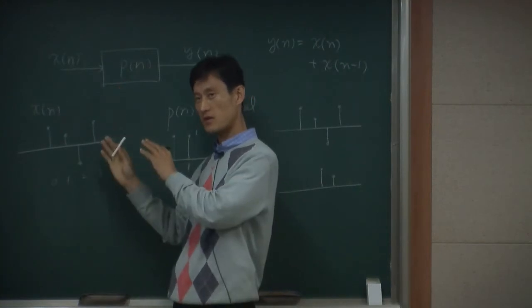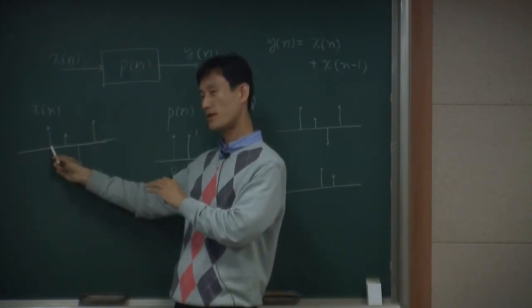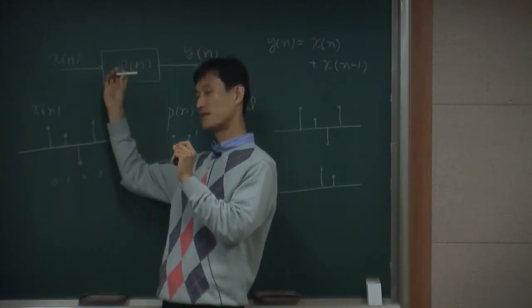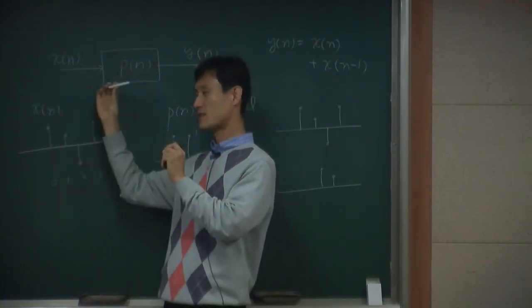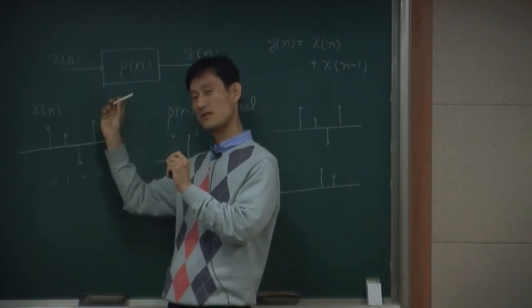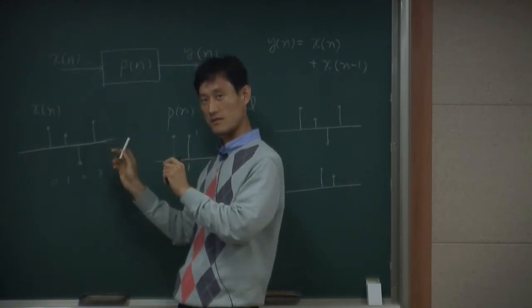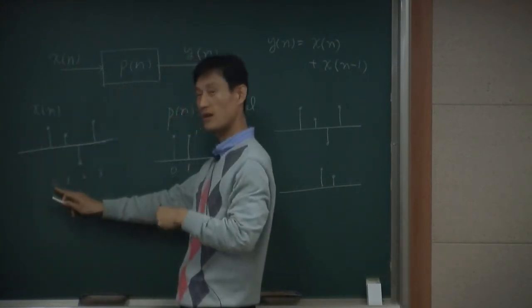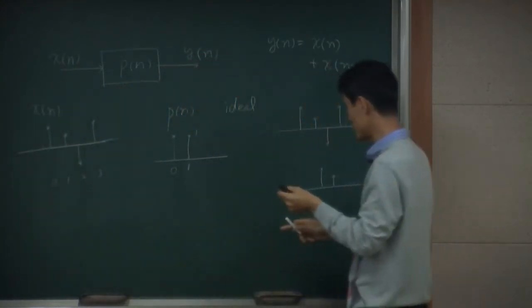Maybe it's a little bit confusing, but sample 0 comes in first, and sample 1 next, sample 2 next. You understand? In that case, you need to flip it and then put it, right? Because this one is an earlier sample. Think about it that way.